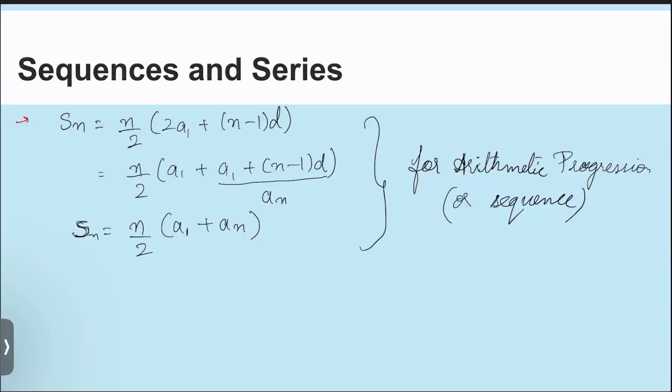Some of them could be harmonic progression, some could be geometric progression, and some just follow a certain kind of rule which may not be easily categorized as any type of sequence. So from the next class, we will start with geometric progression, and we will go further into the chapter where we will also see different concepts like geometric mean and a few more. So we will stop here for today.